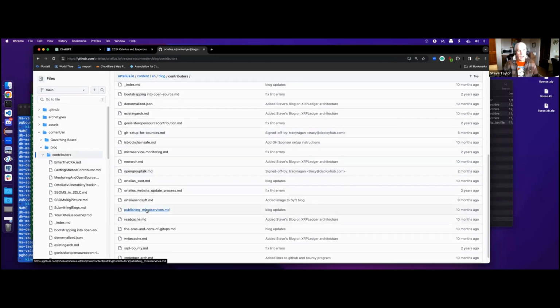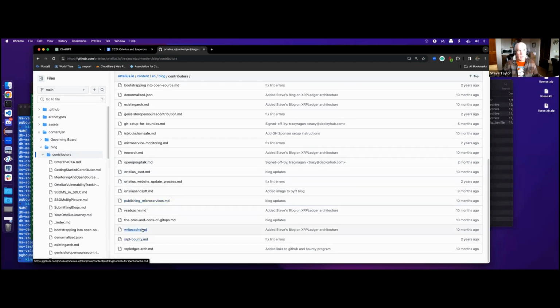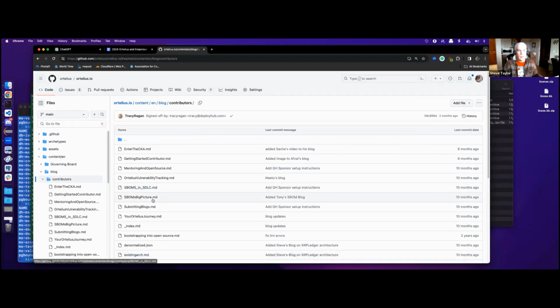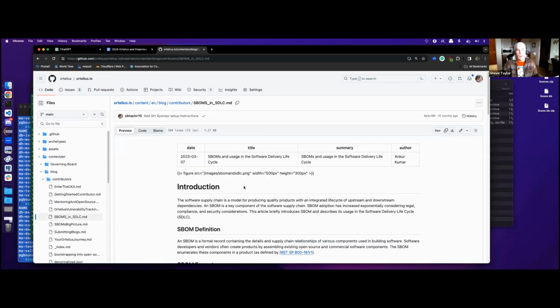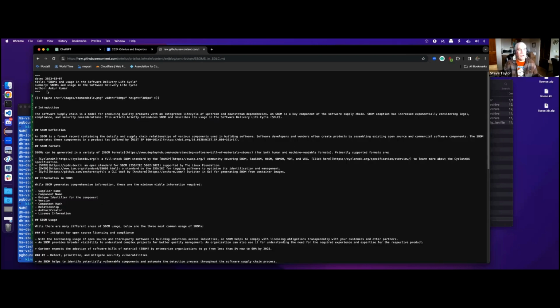Basically, each one of these markdowns is a separate blog post. If you actually look at it in raw format, it's pretty simple. There's just the header for the Docsy, and this follows all the Docsy Hugo markdown styles.